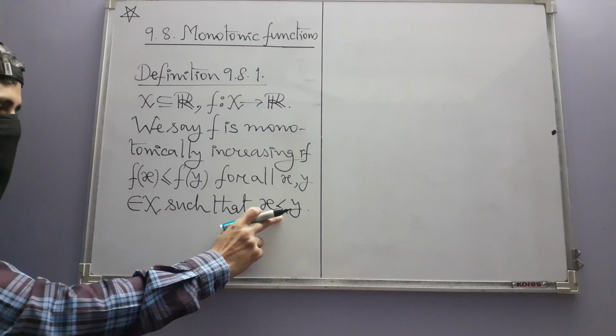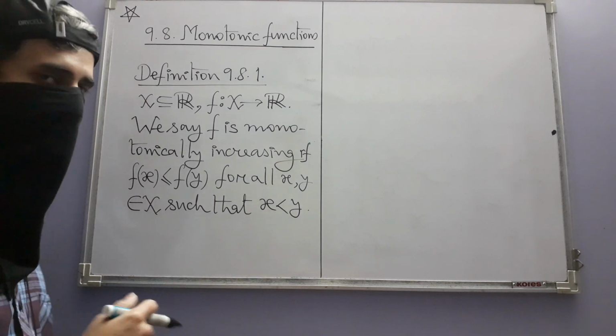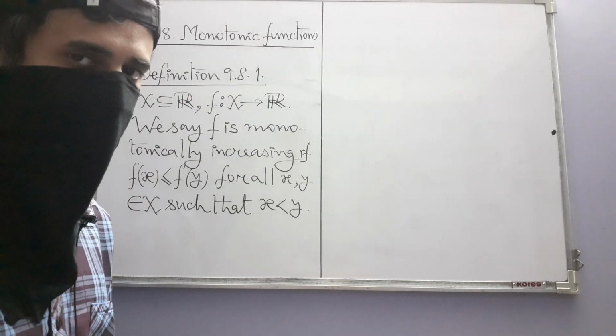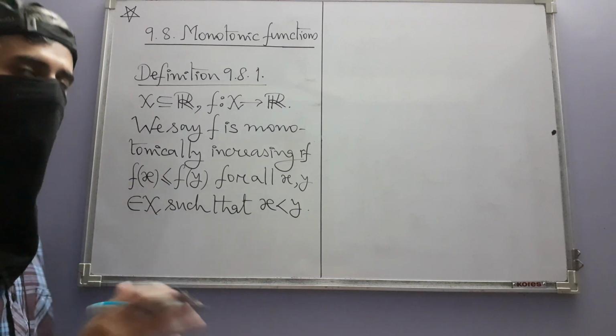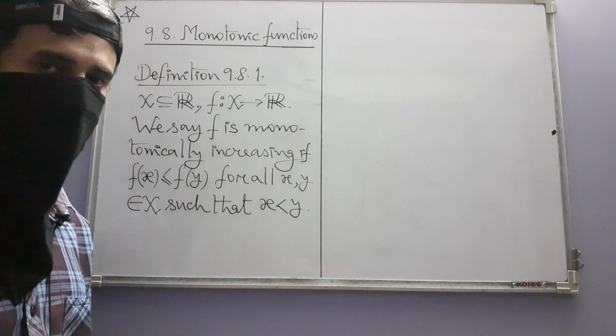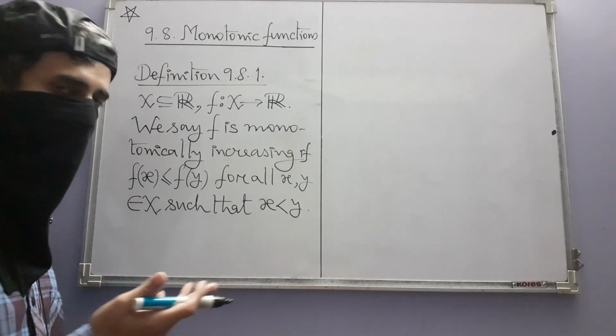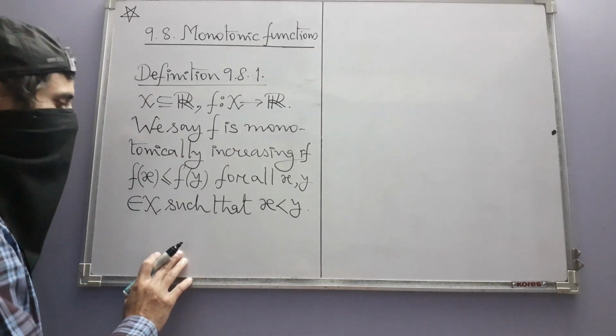There is no point in considering x less than or equal to y, because if x is equal to y, then since f is a well-defined function, f of x will be equal to f of y. There is nothing surprising or nothing to say about that. Okay.